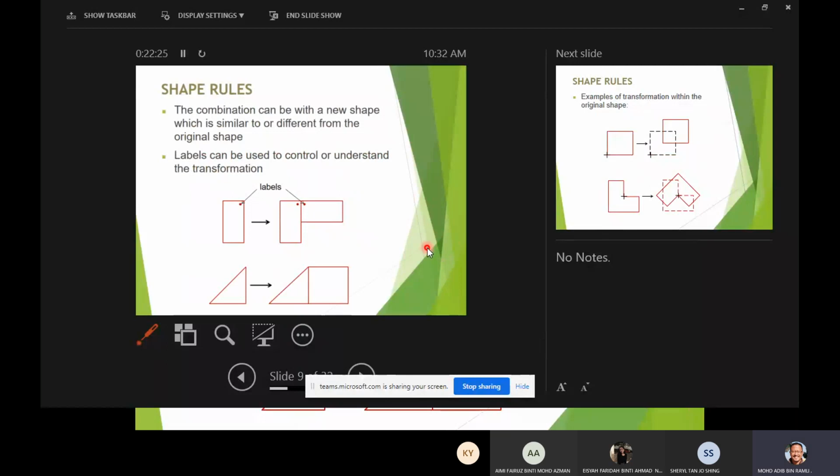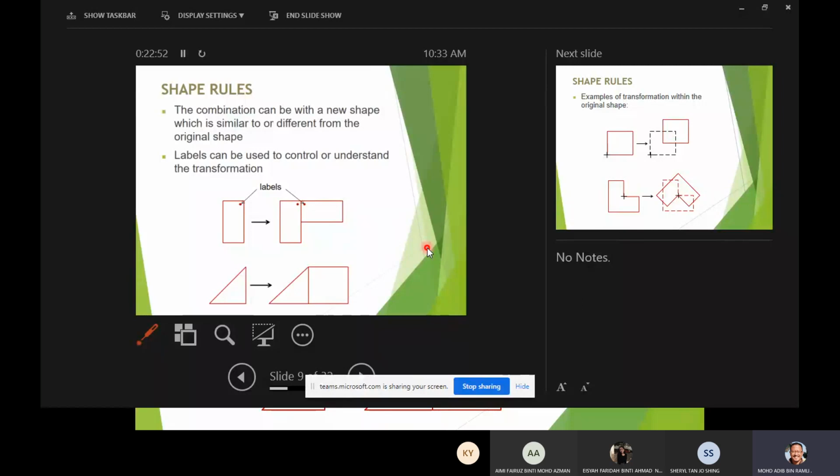Okay. So in the shape rules, as I mentioned, it determines how you transform or combine the original shape with a new one, and the combination can be with a new shape which is similar or different from the original shape. Like the previous example, the original shape is a rectangle, and after the transformation you combine it with another rectangle, the same shape as the original.